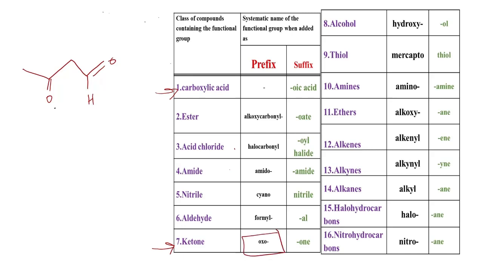Since the ketone comes after the carboxylic acid, we take from it oxo, and we take from carboxylic acid the suffix, which is oic acid. So, we start numbering from the carboxylic acid. And hence the final name is 3-oxo butanoic acid.